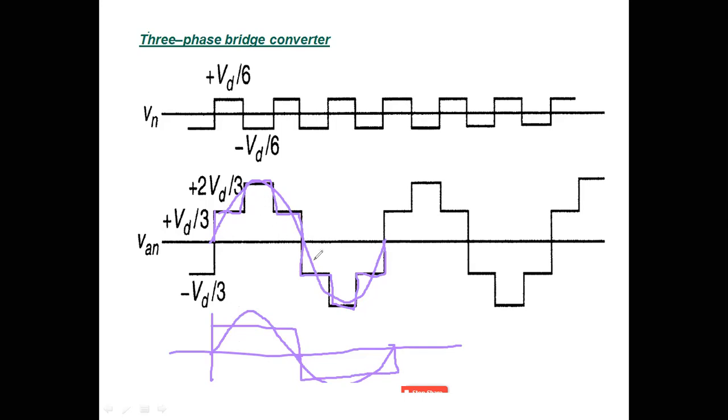So this is also called a 6 pulse converter, and you can increase the number of pulses so that you can make it near to sinusoidal. It is not possible to make it perfectly sinusoidal. We definitely require filters to make this waveform sinusoidal.